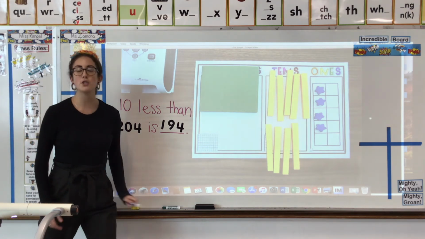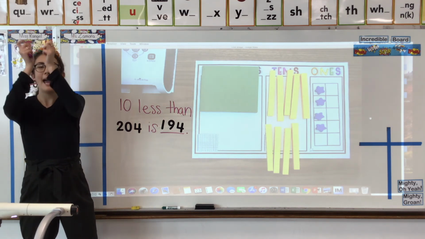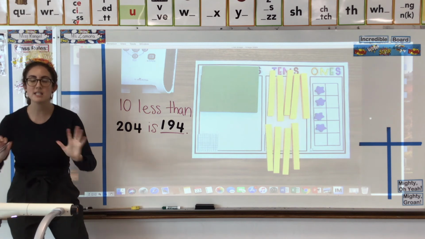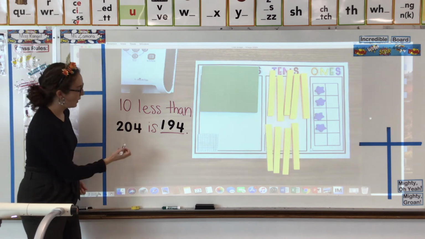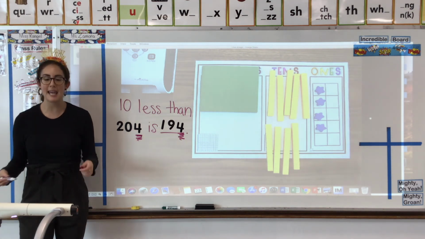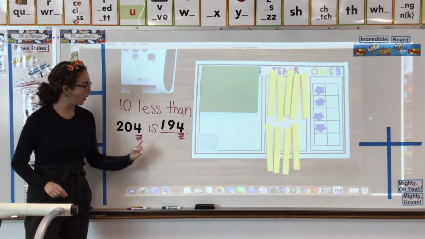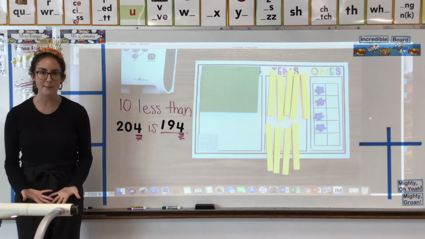We were able to subtract because we took one of a larger unit and created 10 of a smaller unit. And when that happened, our ones place stayed the same. It didn't need to change. We still had 4 ones both times.